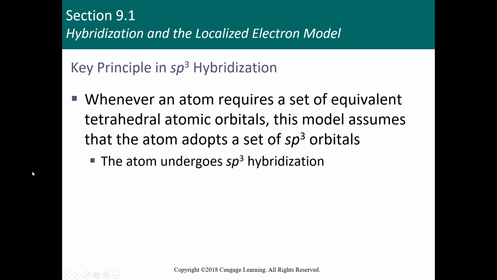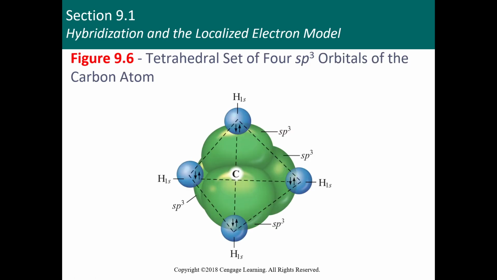Okay? Now, when you want this set of 4 orbitals to be in bonds, to hold electrons in them, this atom will undergo sp3 hybridization. And that is what the sp3 hybridization that you've seen so far is doing.